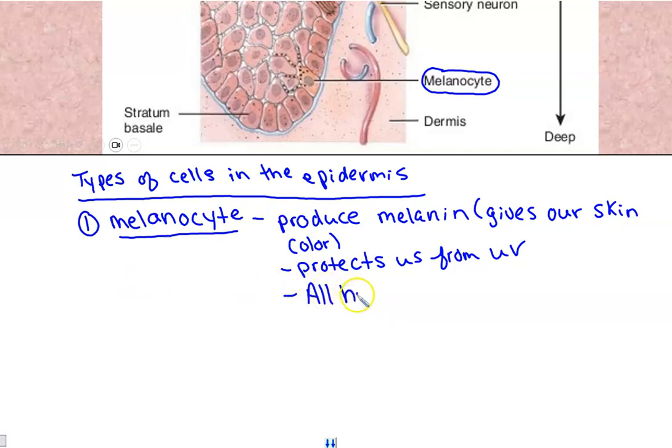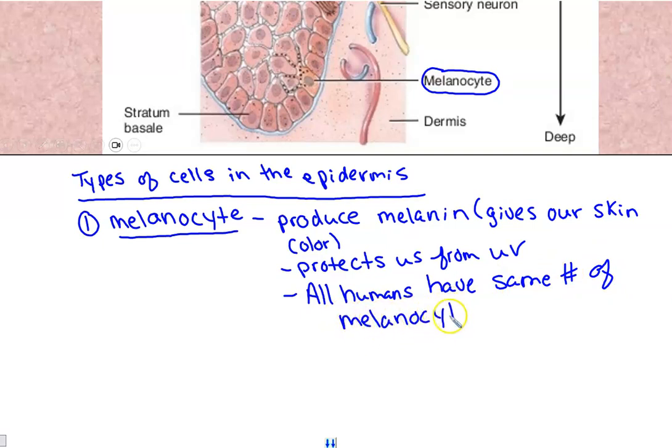All humans have the same number of melanocytes. The cytes are the cells. It's not like some of us have 20 cells and some of us have 80 cells, whatever. That's just a made-up number, or like thousands, etc. But we all have the same number.